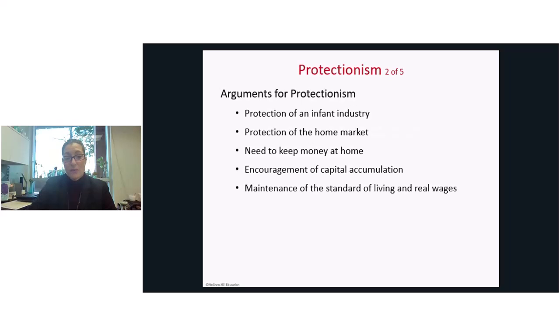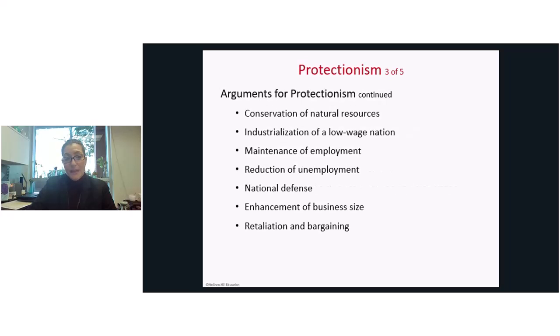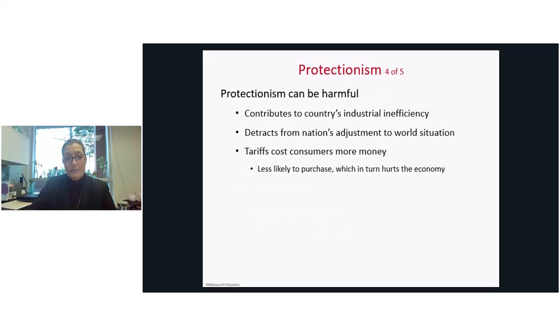The protectionism argument is about encouraging capital accumulation and maintaining a standard of living. But there are also arguments that include conservation of resources, industrialization of low wage, maintenance of employment, so keep the jobs at home, reduction of unemployment, national defense purposes, enhancement of business size, and retaliation.